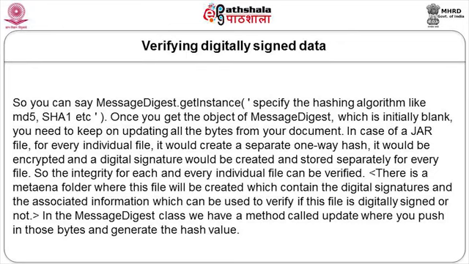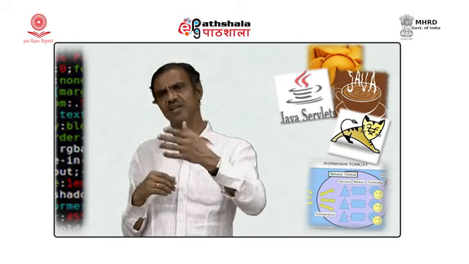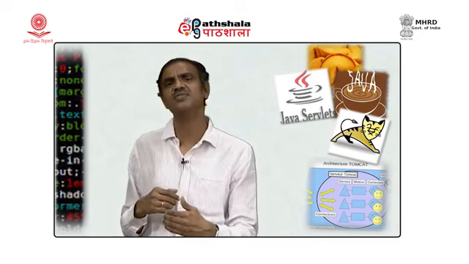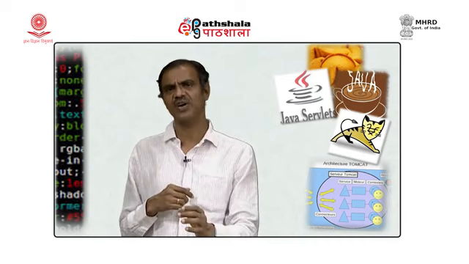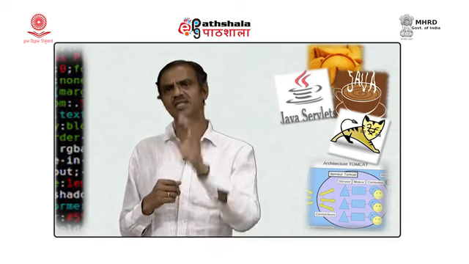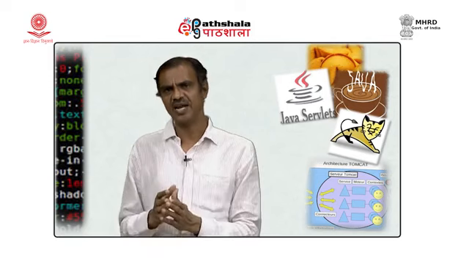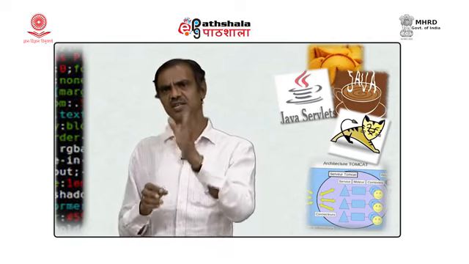Once you get this MessageDigest object, it is initially blank. You need to keep on updating it with all the bytes from your document, maybe the entire jar file. In the case of a jar file, for each and every individual file, it would create a separate one-way hash and digital signature.